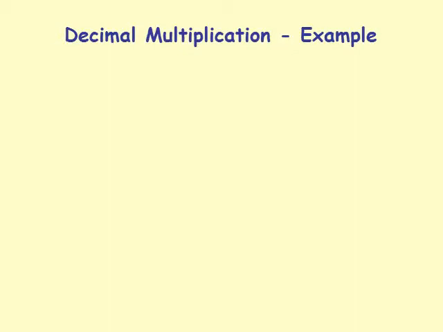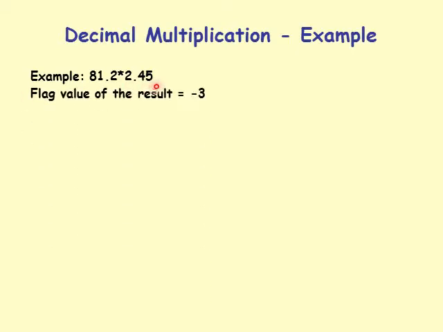Let's do an example. We're going to do 81.2 times 2.45. Okay, so what do we have? The exponent value of the result is minus 1 from here and minus 2 from the second operand, minus 3.